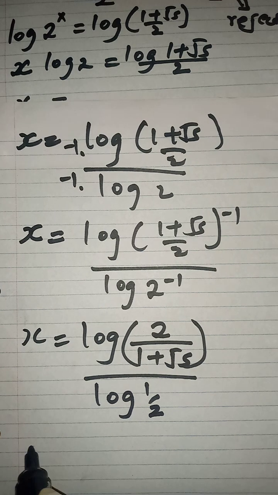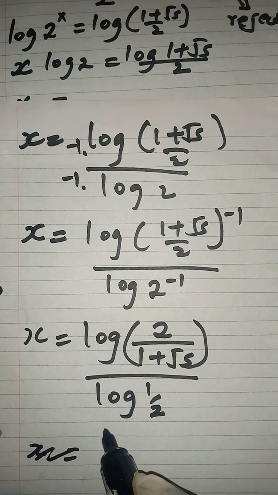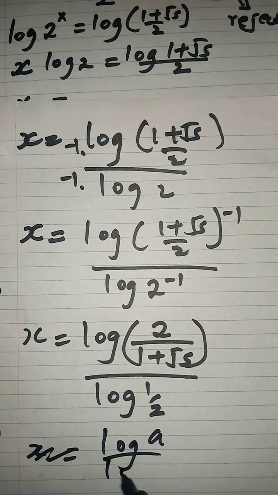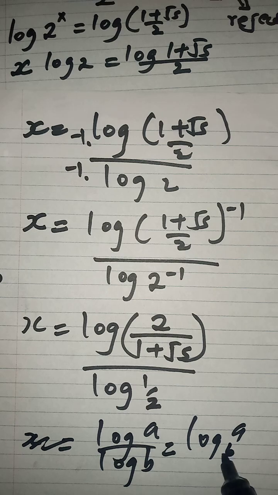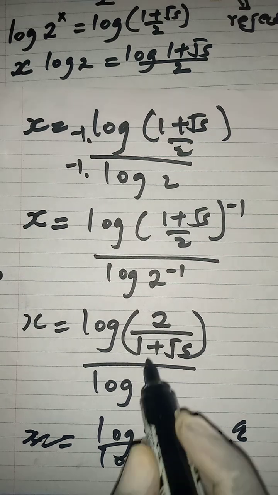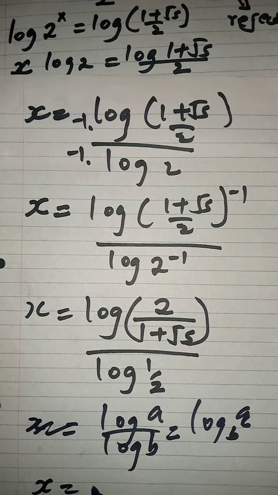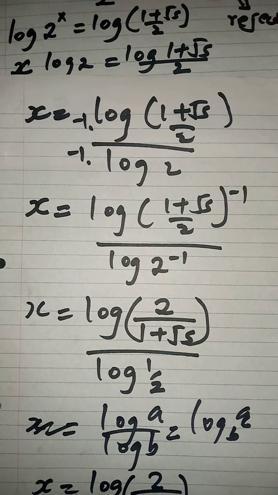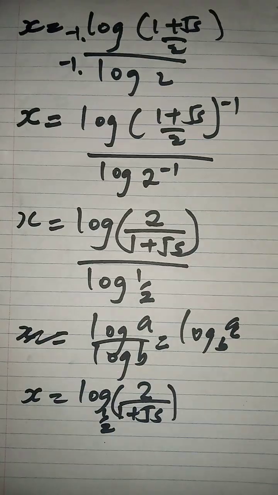So that means I'm going to write it as x now becomes, using that the log of a over the log of b can be written as the log of a base b, so I'm going to write that here. So now x becomes the log of 2 all over 1 plus root 5, base a half. So that is what I get as my value of x.